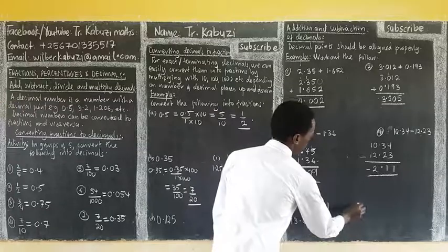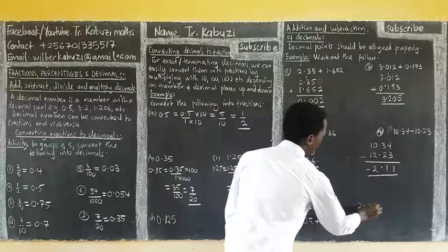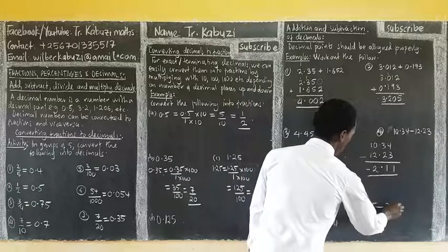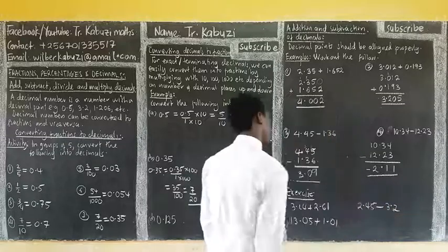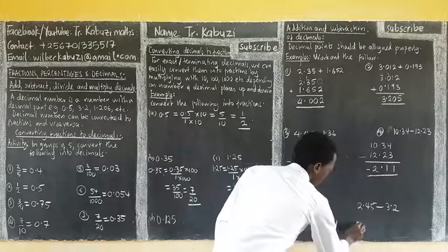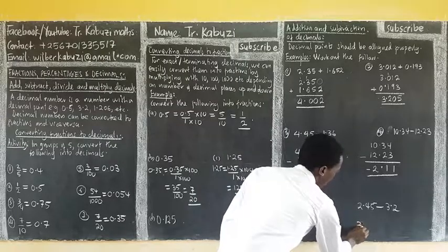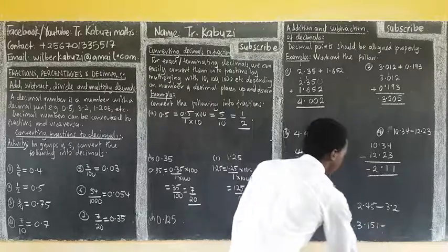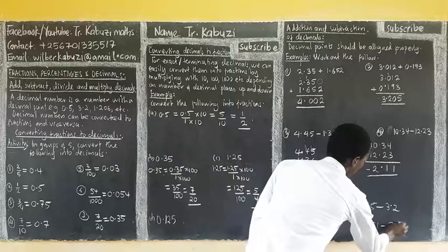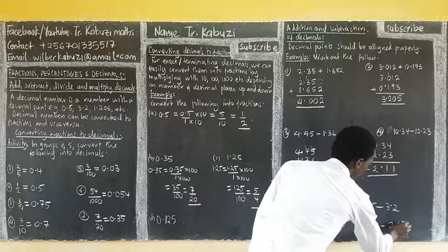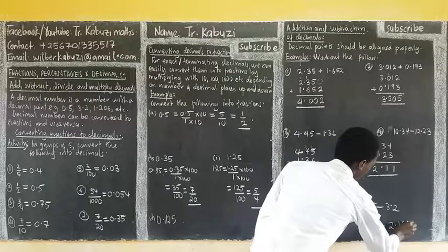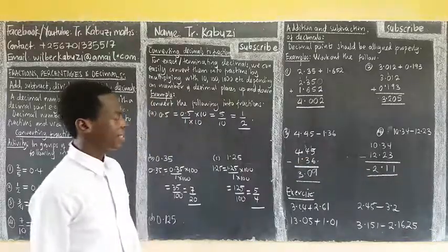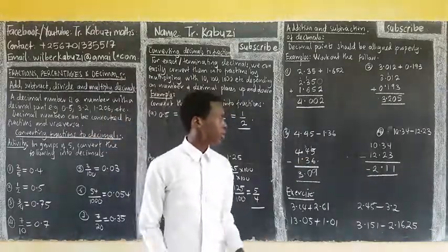Then you subtract 2.45 minus 3.2. Then you also handle 3.151 minus 2.1625. You handle for me those ones. So that's it. I wish you well.